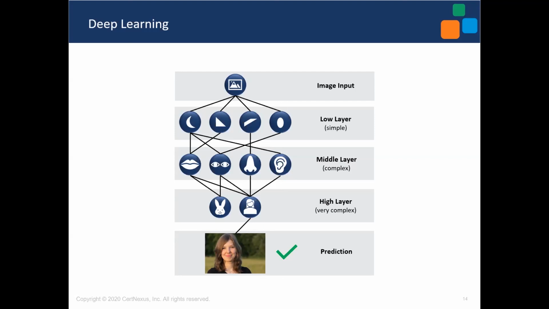An elliptical item, etc. Then the next level of the deep learning will be able to say, hey, those elliptical shapes are eyes, and that square shape may be a mouth, and that rhombus shape might be a nose, etc. Then it goes to the next layer and says, okay, let me put all these items together and determine: is this a human face or is this the face of a rabbit?